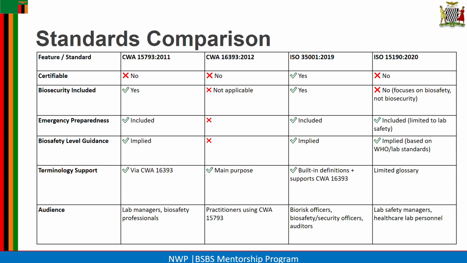Biosafety level guidance for the CWA is implied, and for 35001 the levels are also implied. For 15190, it's implied but based on the WHO lab standards. So whenever the guidance from the WHO manual changes, the biosafety level in 15190 also changes.